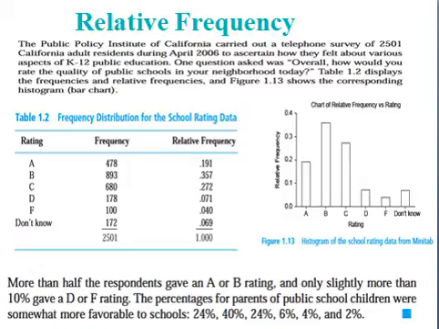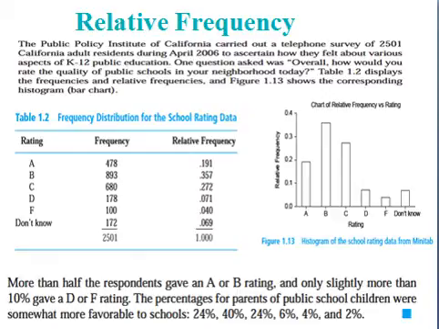This is another example of relative frequency. So we can see here that the frequency of class A is 478 and relative frequency is 0.191, so almost like 19%.